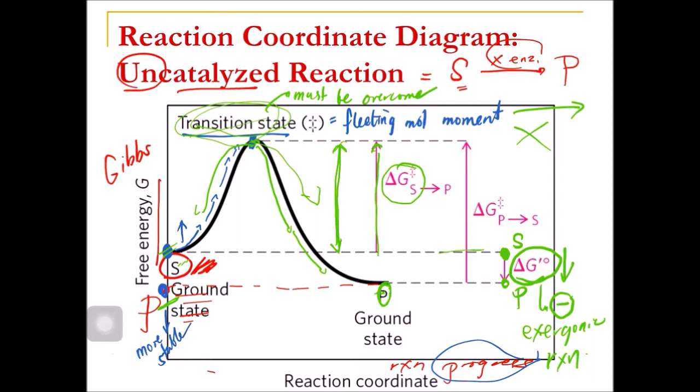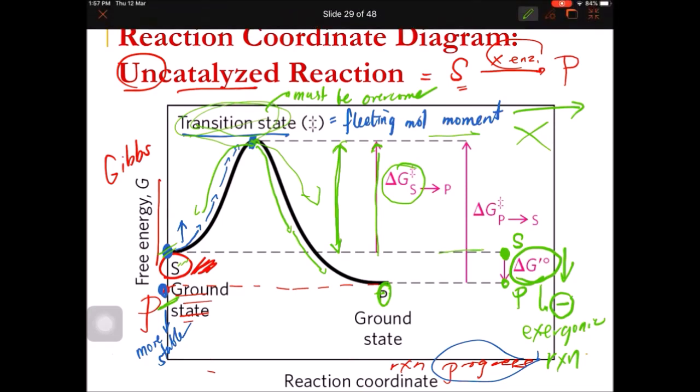Ito yung energy kasi na ginamit upang ma-overcome yung molecular moment. So, ang tawag dito, everybody, ay activation energy. Again, this is called as the activation energy. So, ito yung dapat malagpasan, ay activation energy.